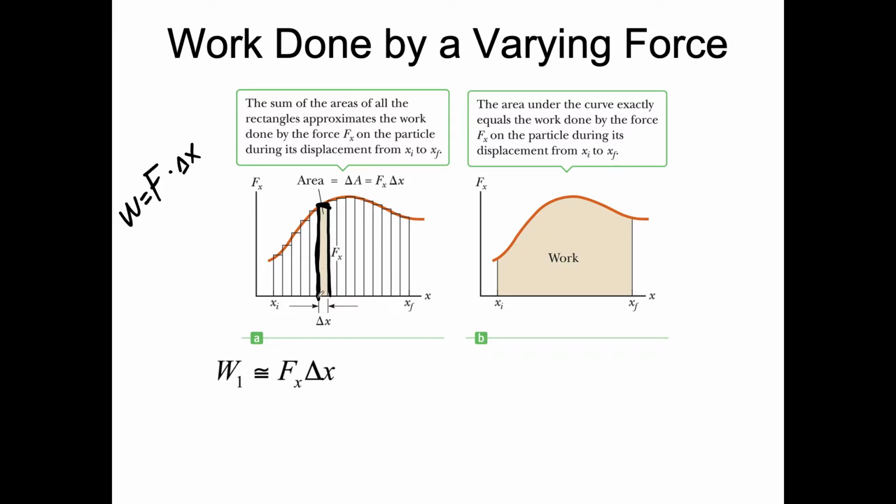Fx would be one side of the rectangle, and delta x is the short side of the rectangle. So for a constant force Fx with displacement delta x, the area of this rectangle gives us the work done by this constant force over this displacement.